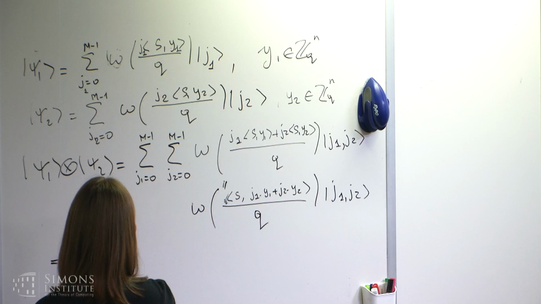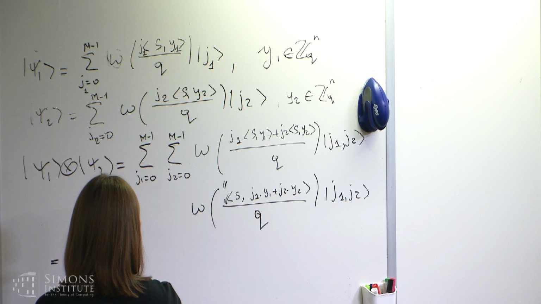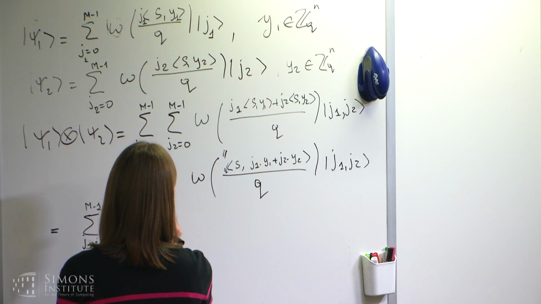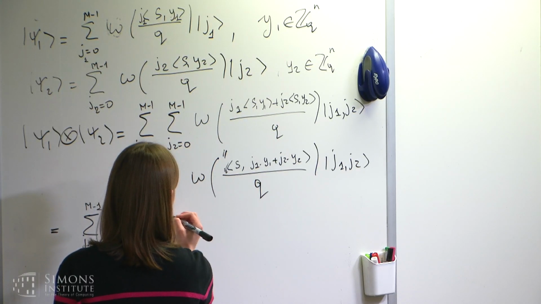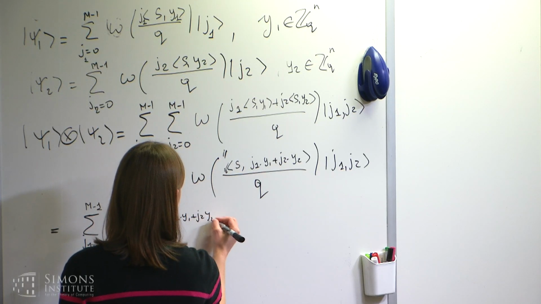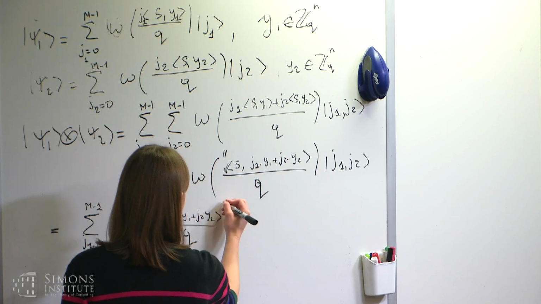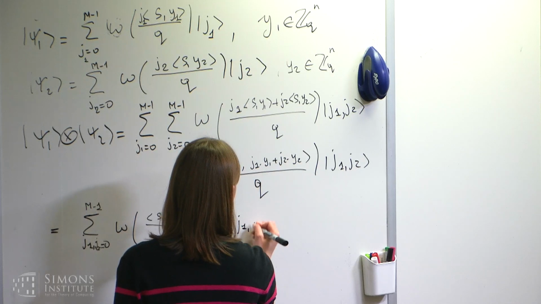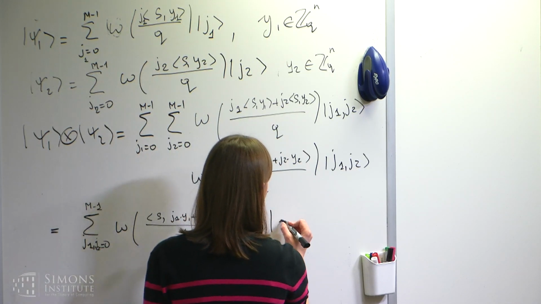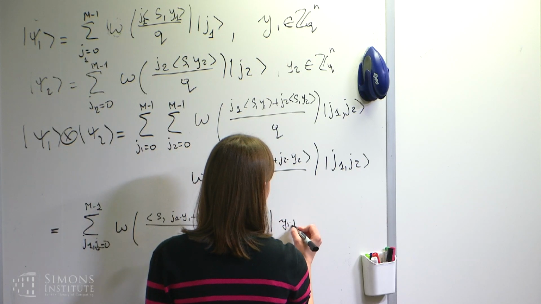I'm going to define my state. So I'm going to do the following thing. J1, J2 from 0 to n minus 1. The same state, the same phase here. But on this register, I want to compute y1 times j1.